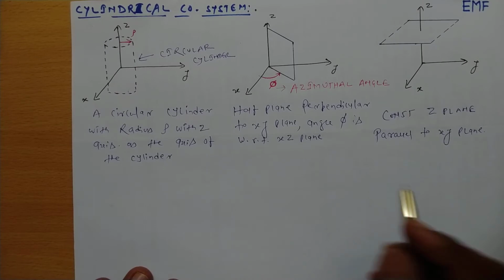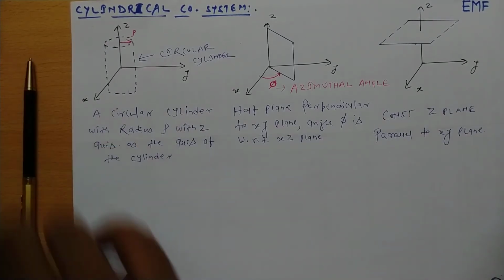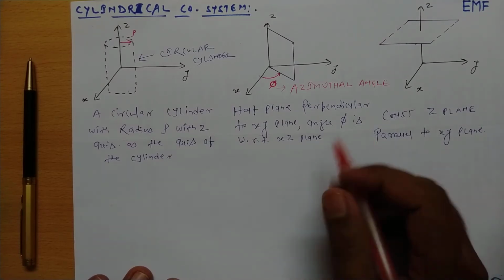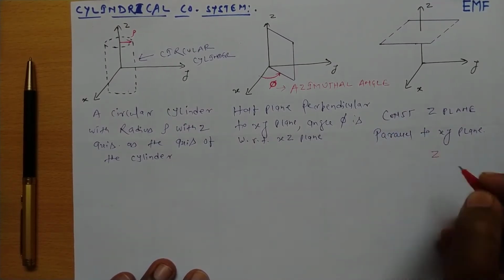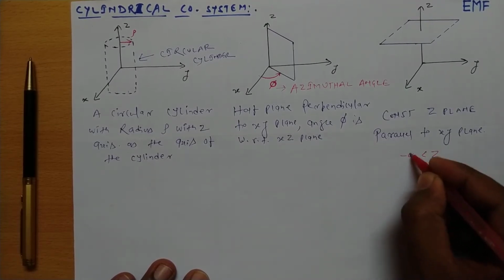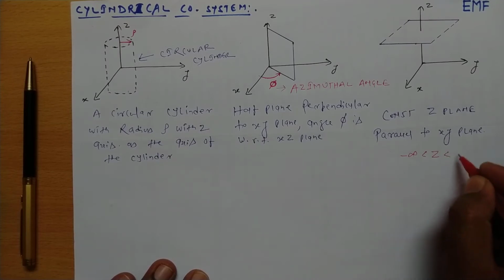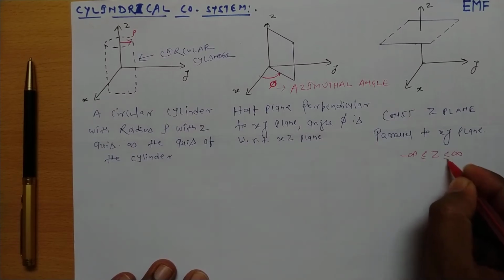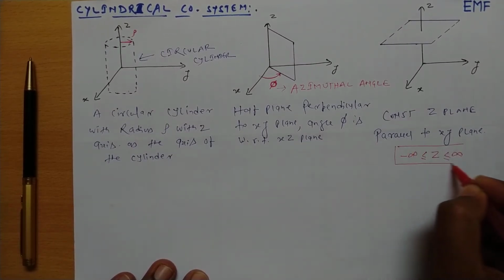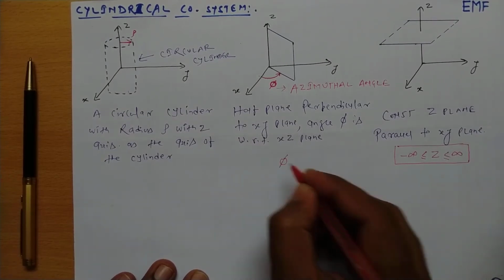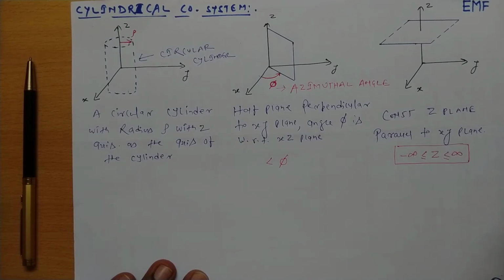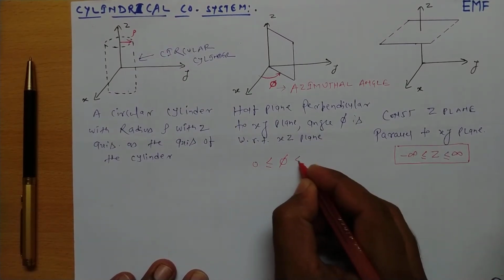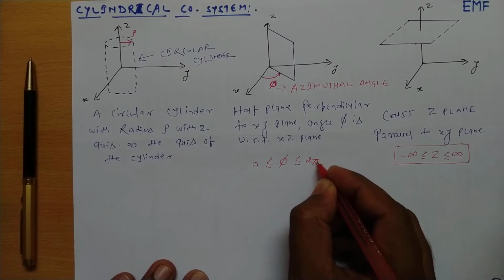Here we can also define the ranges. The z range will be from minus infinity to plus infinity. We can define the range of z. Second, the range of phi is from 0 to 2 pi.